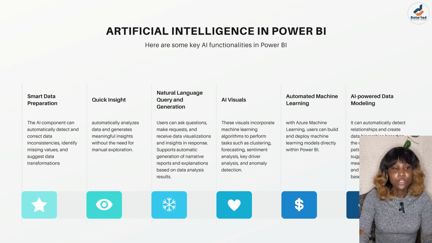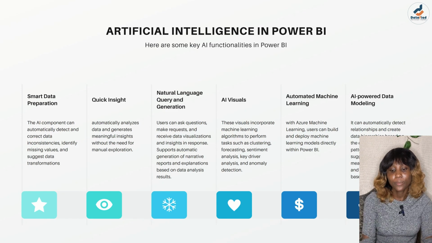Then the next AI feature I'm going to talk about is automated machine learning, and this is very applicable with Azure users. So with Azure machine learning, you can build and deploy machine learning models directly in Power BI.